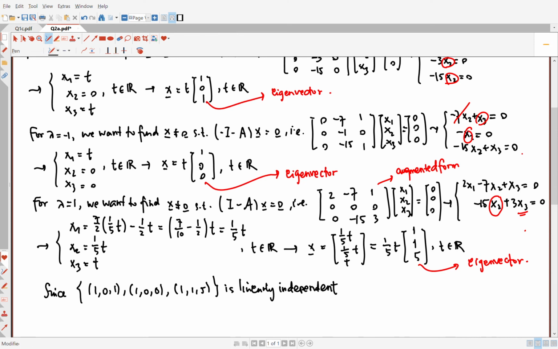And there are three elements, right? There are three of them, okay?